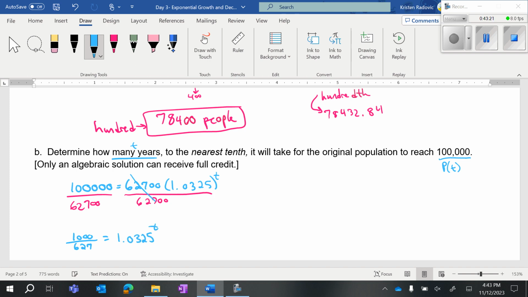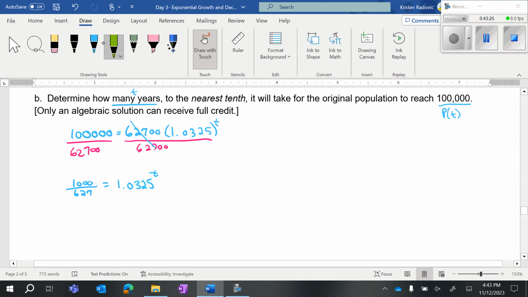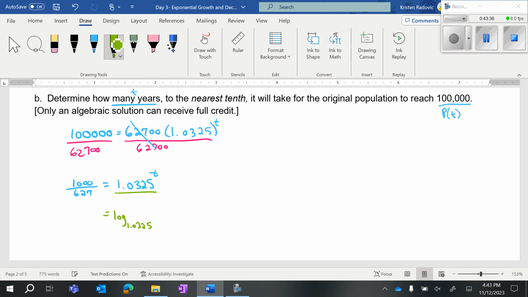1.0325 to the t. You have an exponential equation. You could solve this with logarithms. So you're going to take your base. Your base is on the right? Log base 1.0325 on the right. You're going to switch the other two values. The t comes to the right. The 1,000 over 627 goes to the right. You put this in the calculator.